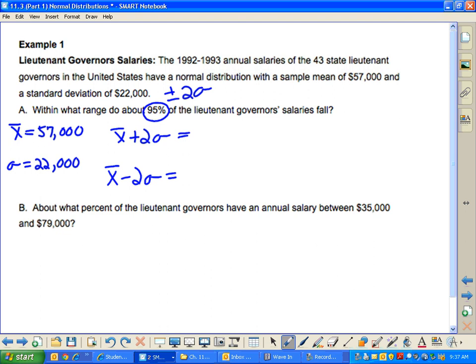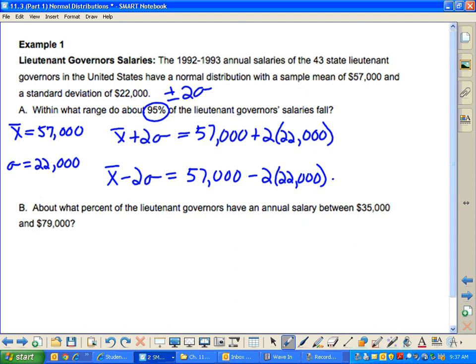So my mean was 57 grand, and we're going to add on 2 $22,000 increments, and then we're going to take $57,000 and subtract 2 standard deviations. Essentially take $57,000 and add on $44,000.